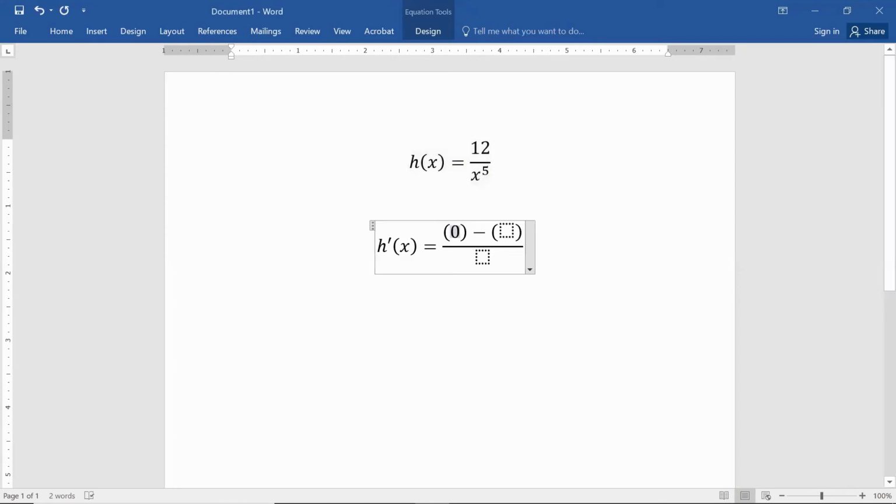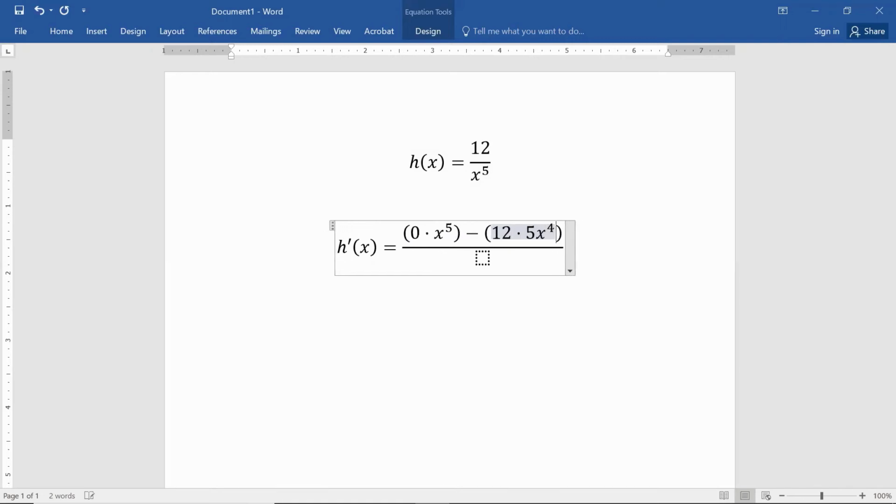Multiplied times the normal denominator, minus the normal numerator times the derivative of the denominator. So that becomes 0 times x to the 5th minus 12 times 5x to the 4th, divided by the denominator squared.